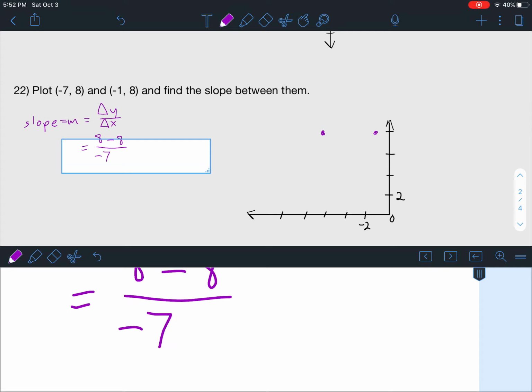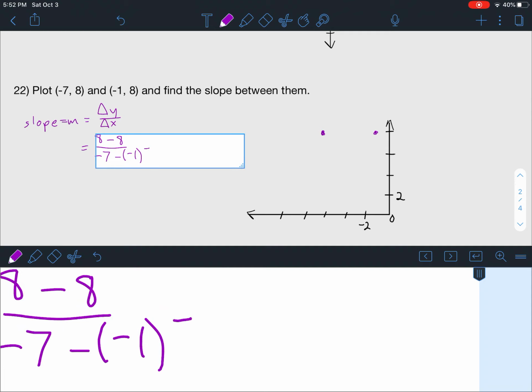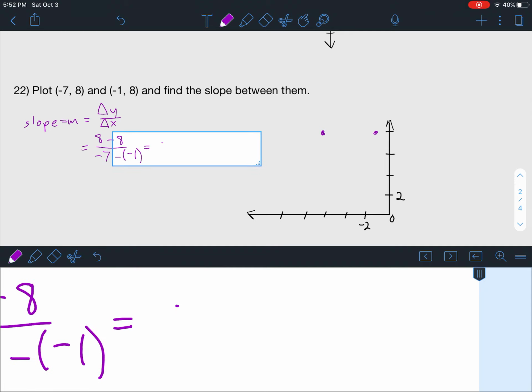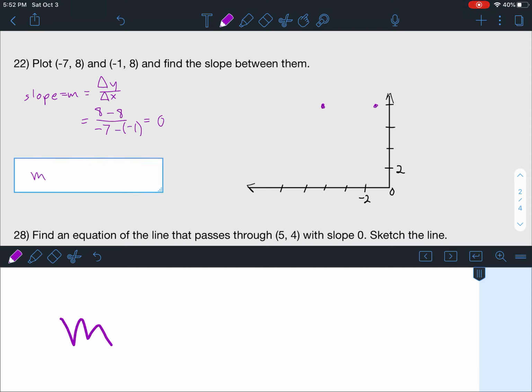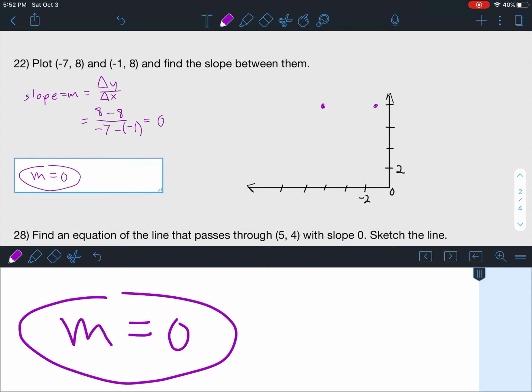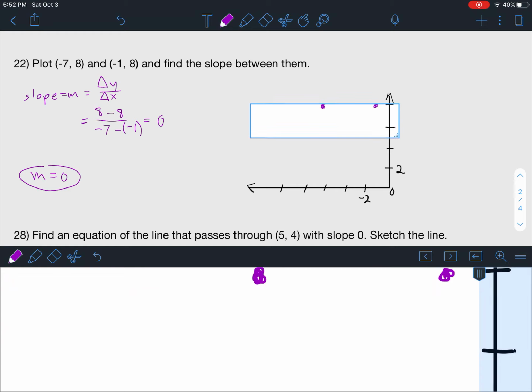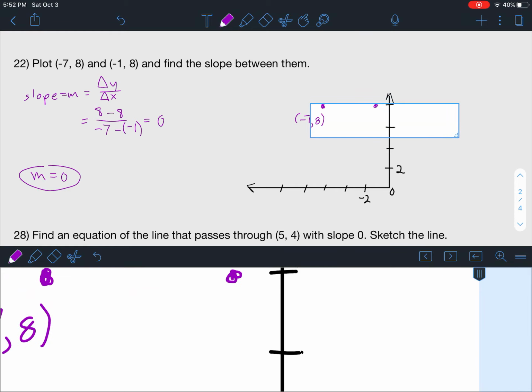So negative 7 minus negative 1. It doesn't matter what the denominator is here because the numerator is 0, so the slope is 0, which means it's a constant, unchanging value. That's the answer though, m equals 0. And just to label these points, this is negative 7, 8 and negative 1, 8.